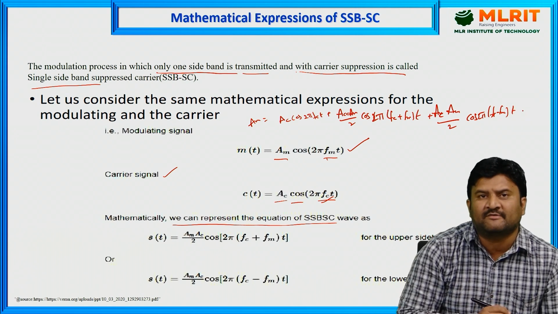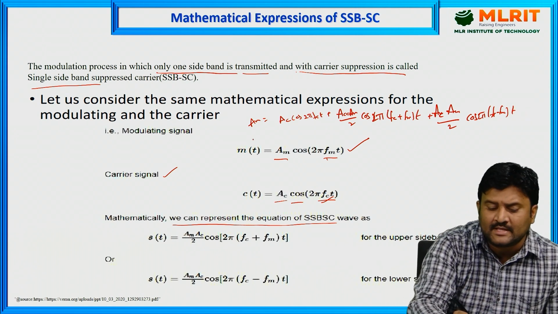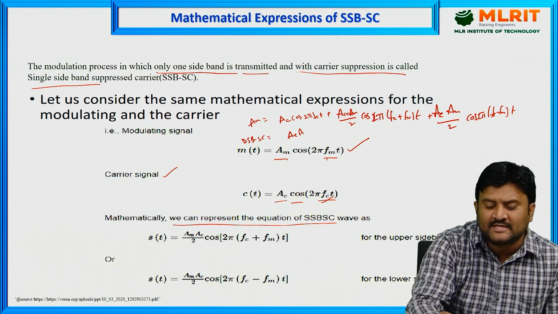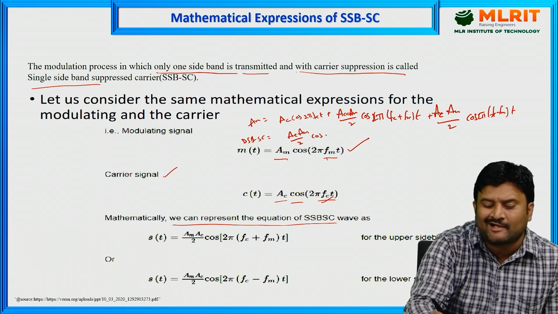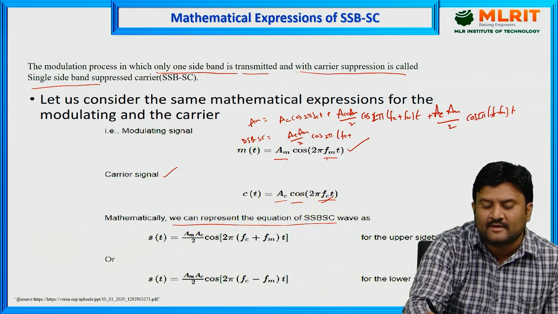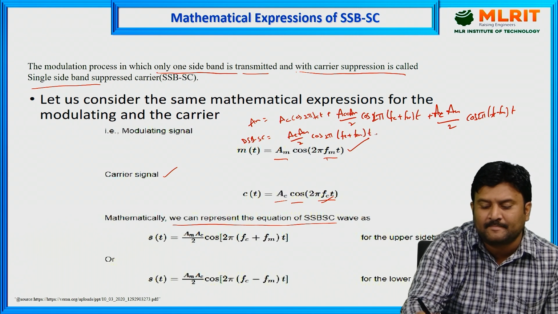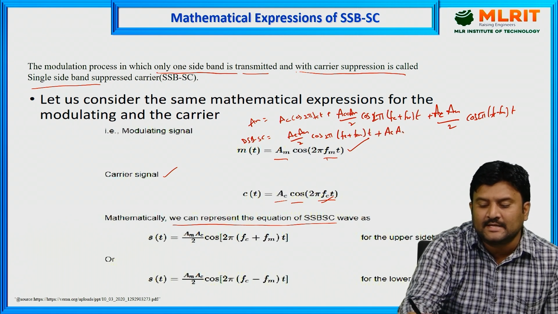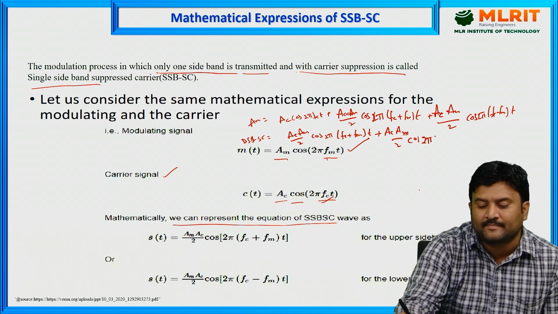This is the AM equation. If you see the DSB-SC equation, Ac Am by 2 cos 2 pi (fc plus fm) t plus Ac Am by 2 cos 2 pi (fc minus fm) t.